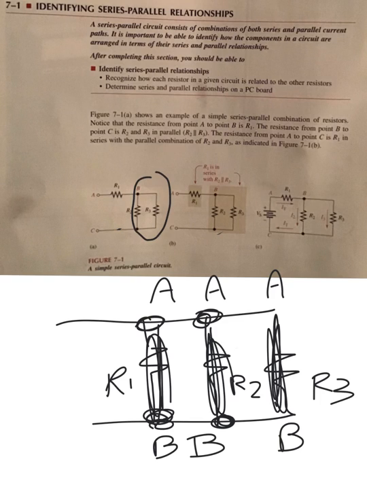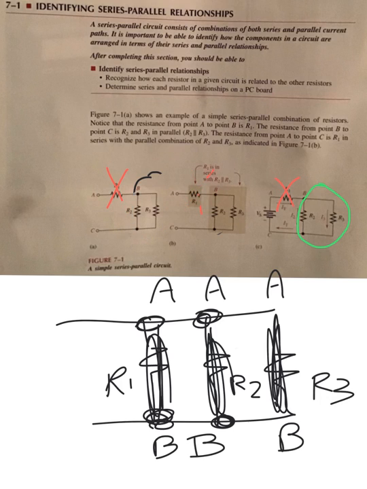Here is an example in the black circle up top. Here is another example because it's the same circuit, so it's the same example. Now, what is not a parallel circuit is that resistor that sits up there up top. Okay?